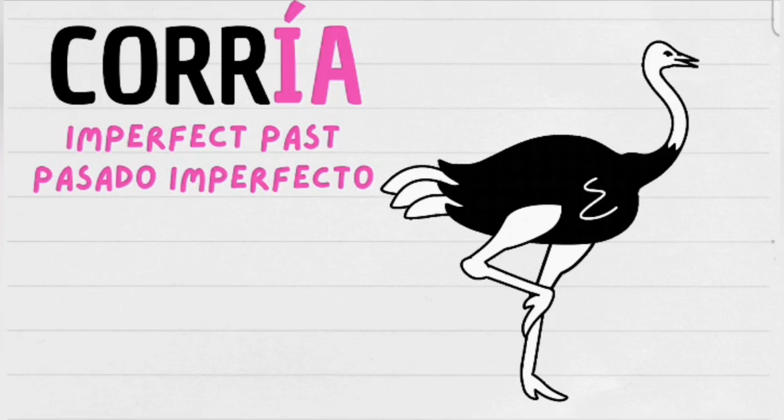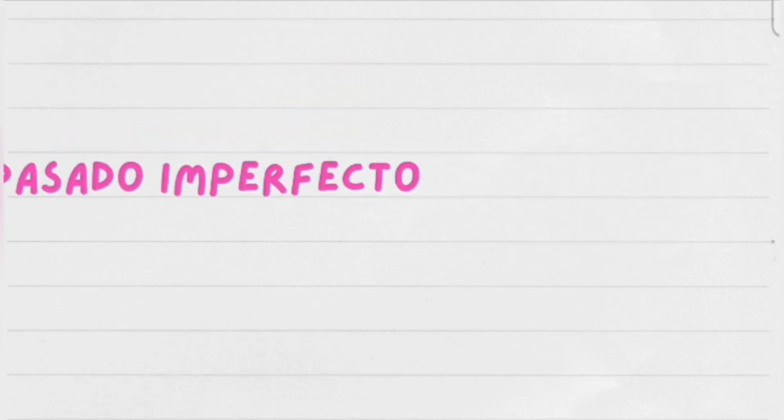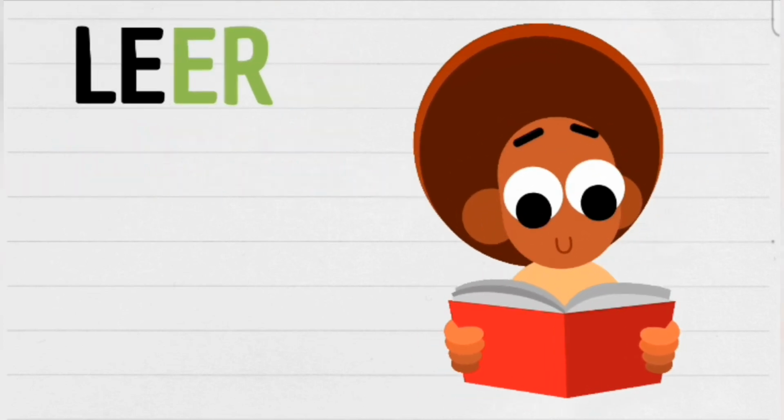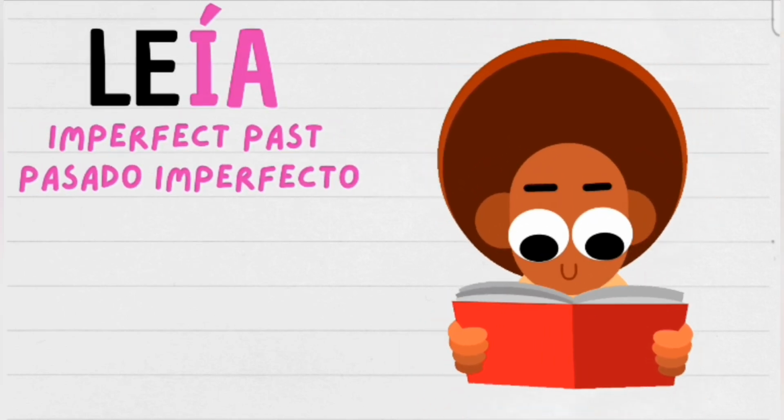So the imperfect past of the verb correr is corría. Now with the verb to read, leer, the imperfect past would be leía. Okay, that would be the imperfect past of the verb leer.